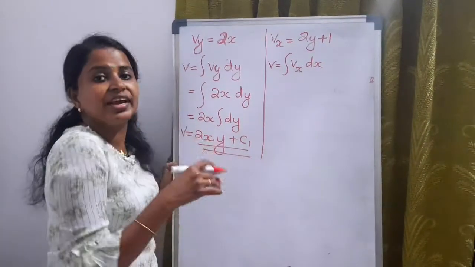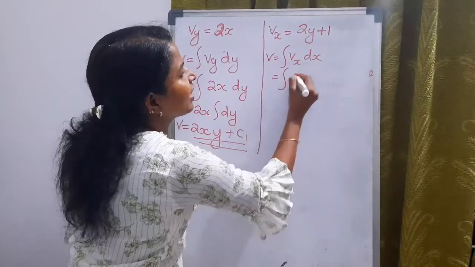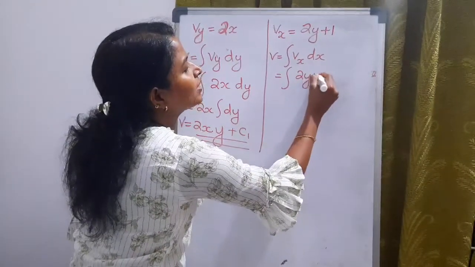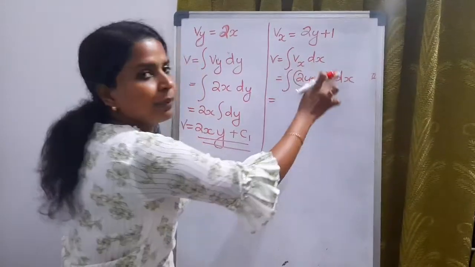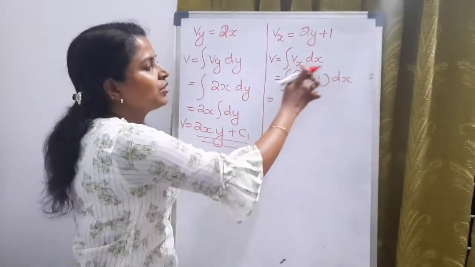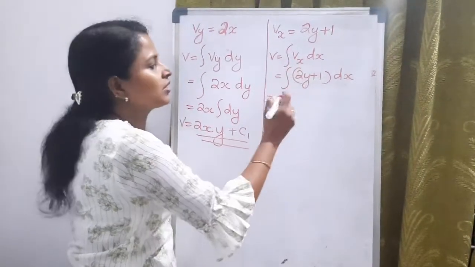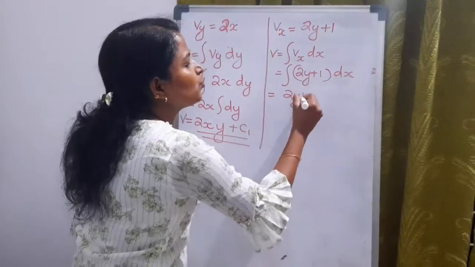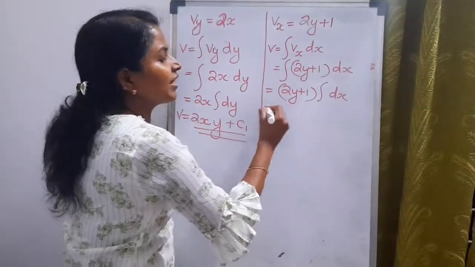Similarly, we can find v equal to integral vx with respect to x. That is integral vx dx. We get another v. That is integral 2y plus 1 into dx. Here 2y plus 1, no x in this term. So 2y plus 1 is a constant. 2y plus 1 into integral dx. What is integral dx?